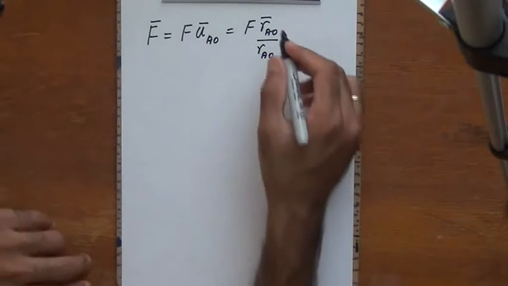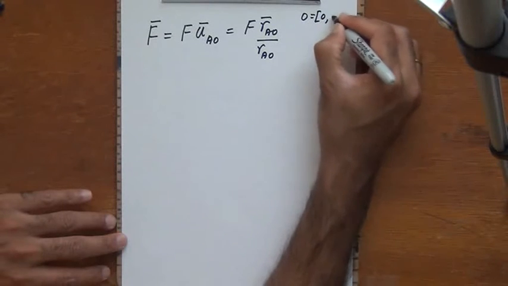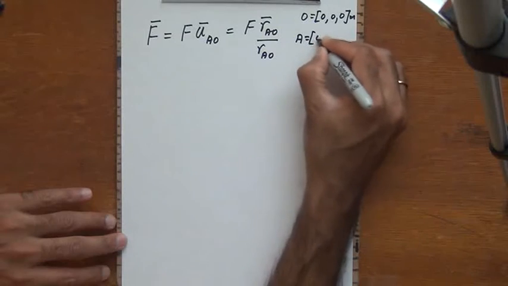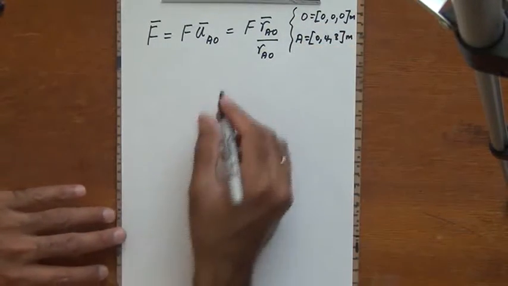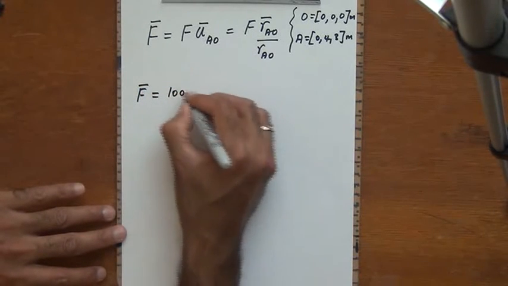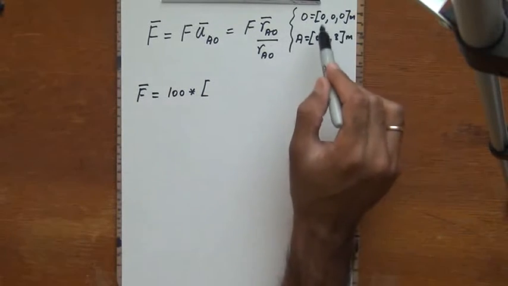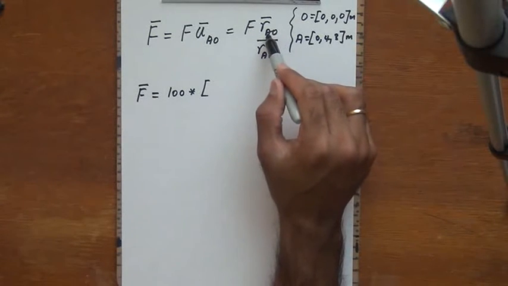And I know the coordinates of O, I know the coordinates of A. The coordinates of O are 0, 0, 0. Coordinates of A were 0, 4 and 3 meters, which means that if I write out the force vector, F is going to be the magnitude, which is 100 newtons, times the position vector from A to O, which means coordinates of the last point, which is O, minus the coordinates of the first point, which is A.